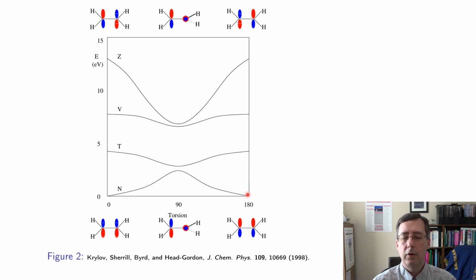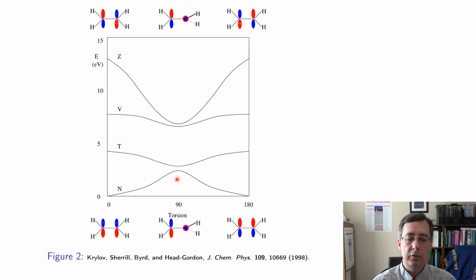So at 180 degrees, it's identical to 0 degrees. And I could denote this by flipping the sign on this orbital. But if I flip the sign of an orbital, it doesn't have any consequence. This is just another picture of the same thing as this one. So I want to stay on the potential curve that keeps me in bonding orbitals on the left and equivalently on the right.